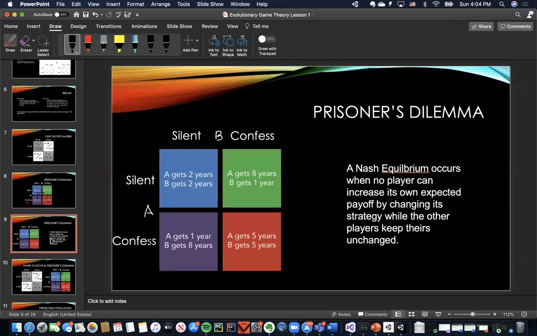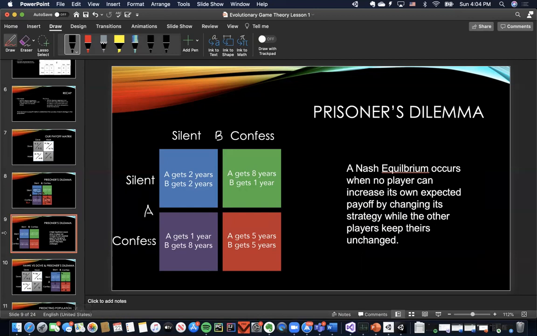One thing I want to do is introduce some vocabulary because it's important: the Nash equilibrium. The Nash equilibrium is defined as when no player can increase its expected payoff by changing its strategy. In other words, if you have a strategy and you change it, it can only get worse. And we saw in this case, the actual Nash equilibrium is in the bottom right.